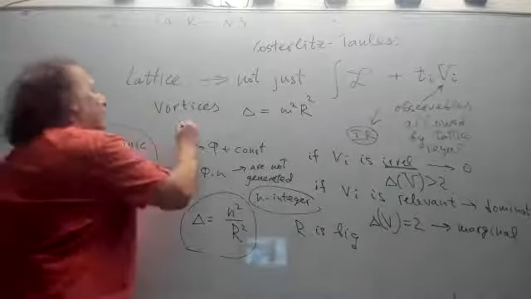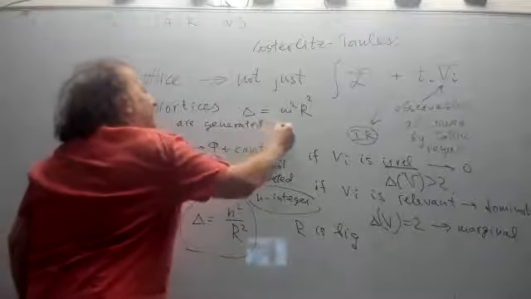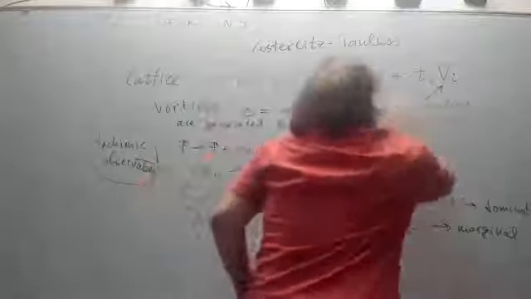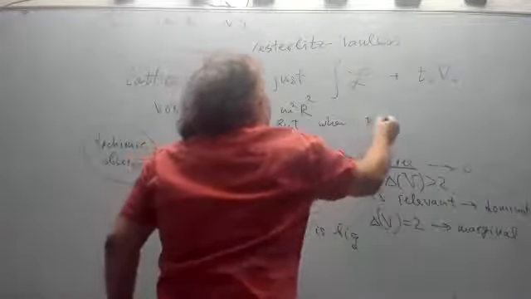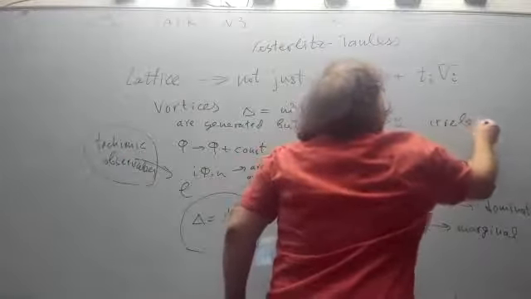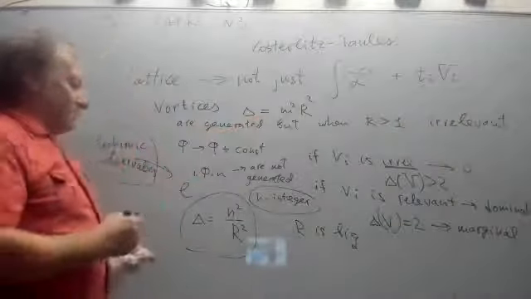They are generated. But when R is bigger than 1, they are irrelevant. So what happens when you reach the critical R?